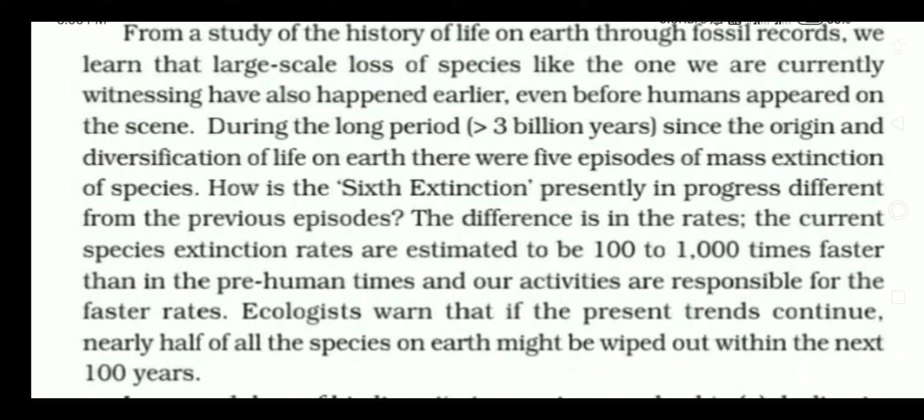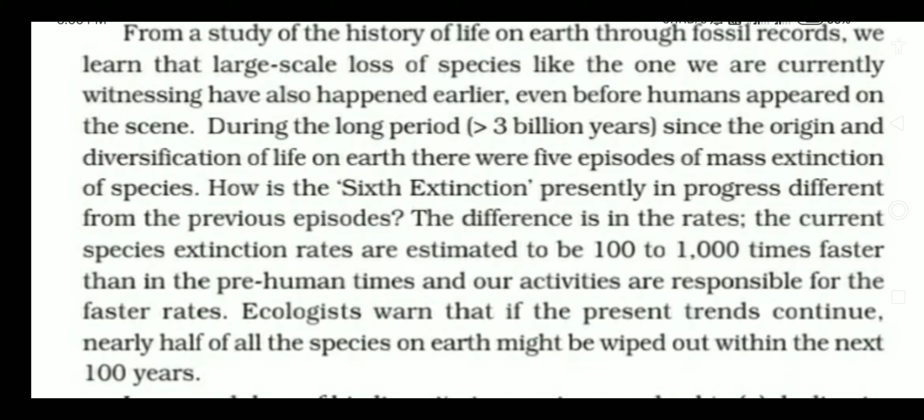Large scale loss of species like the one we are currently witnessing has happened earlier. Before humans appeared on the scene, since the origin and diversity of life on earth, there were five episodes of extinction.